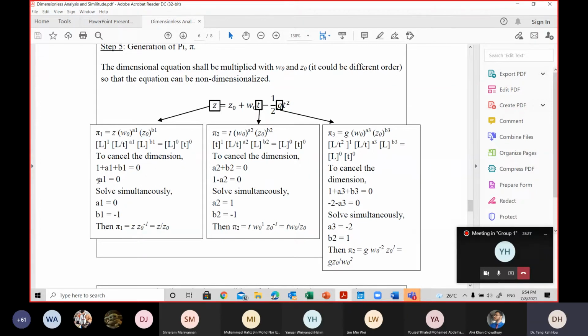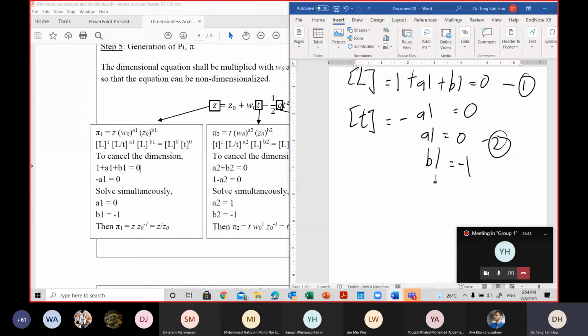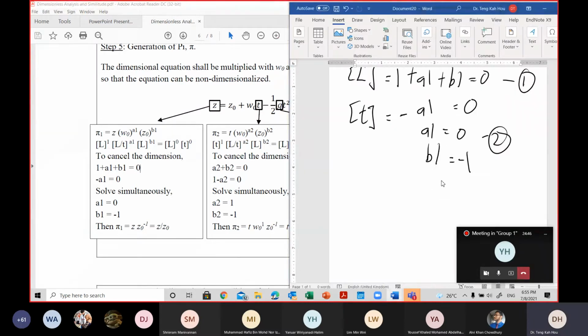So it becomes negative A1 equal to 0. So you know A1 is 0, substitute back, your B1 is negative 1. So from there, you know what is your power value, right? So after you get all the power value, don't forget to substitute back to your original equation.